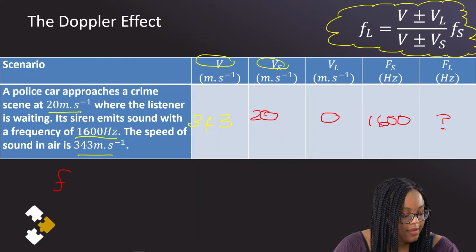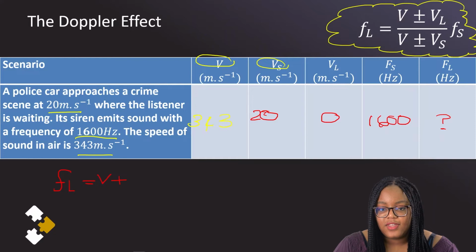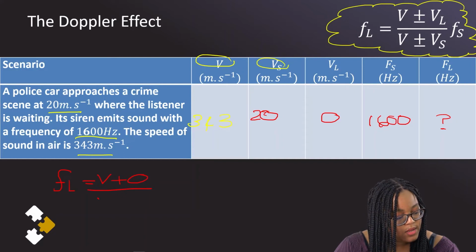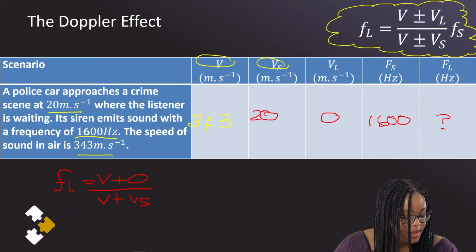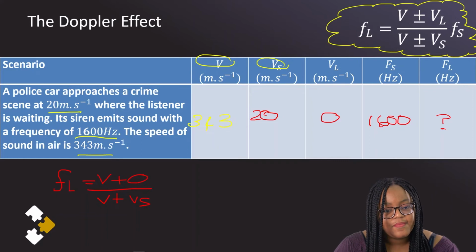We are going to say FL is equal to V plus VL, which is 0, over V minus Vs, apologies, V minus Vs. That is all multiplied by the frequency of the sound emitted by the source.